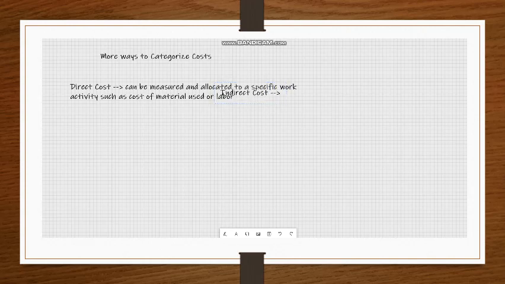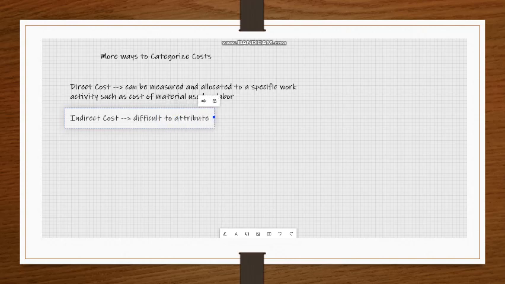Indirect cost. Let's define this one. This one is difficult to attribute or allocate to a specific output or work activity.